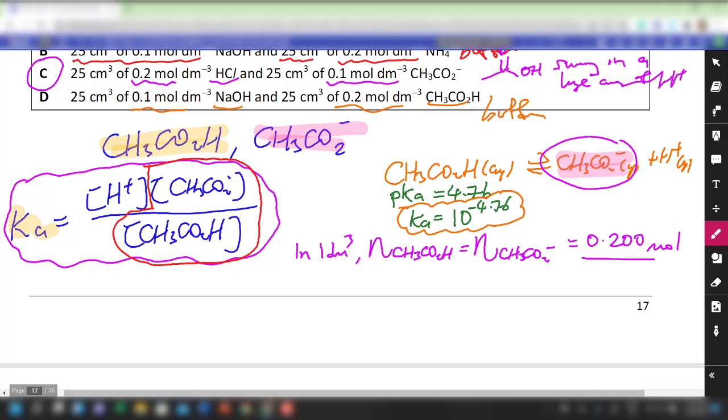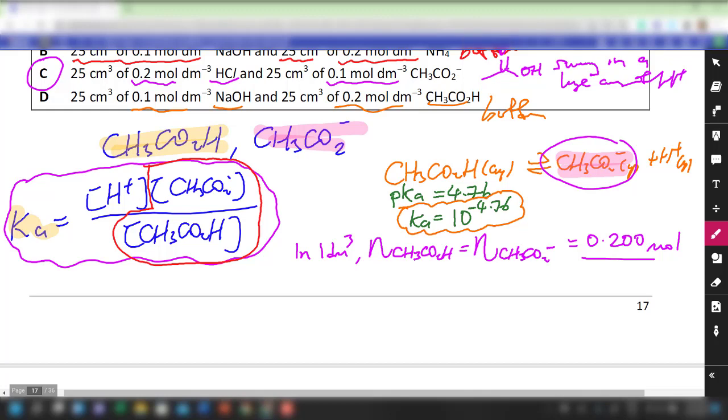As I mentioned earlier, some ethanoic acid will ionize to ethanoate, but once you add in ethanoate, it will suppress the ionization, so you can use the amount of ethanoic acid present as a proxy for the amount present in the buffer solution.